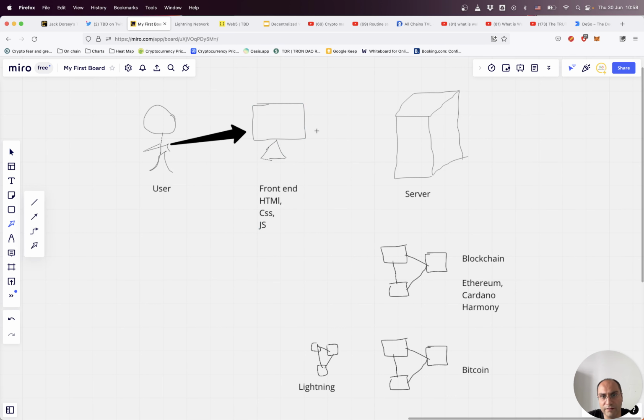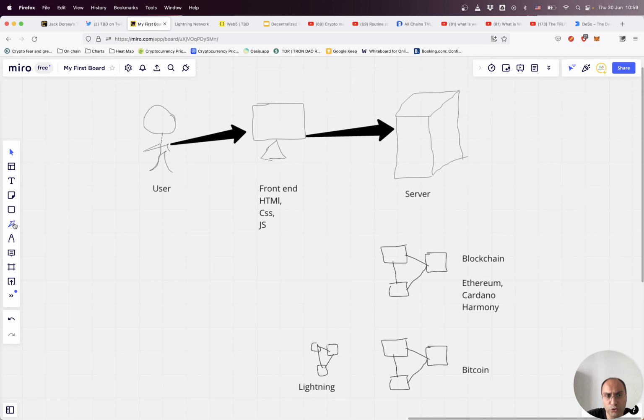Then this computer, through the internet, connects to the server. For instance, I use Miro for this whiteboard, and all the data is recorded on the Miro server. Whenever I want to retrieve my data, interact with it and work with it, I have to go through this web, and the data is recorded on the centralized server of this platform.